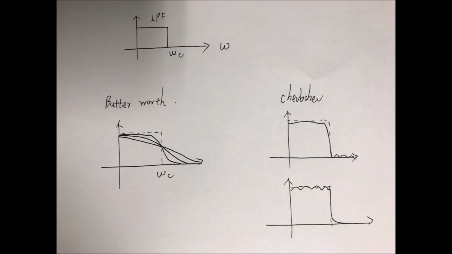I have a pretty good flat response here. And since I have oscillation, I can get a smaller, narrow transition area for Chebyshev type filters. However, in your stop band, you have some ripples.